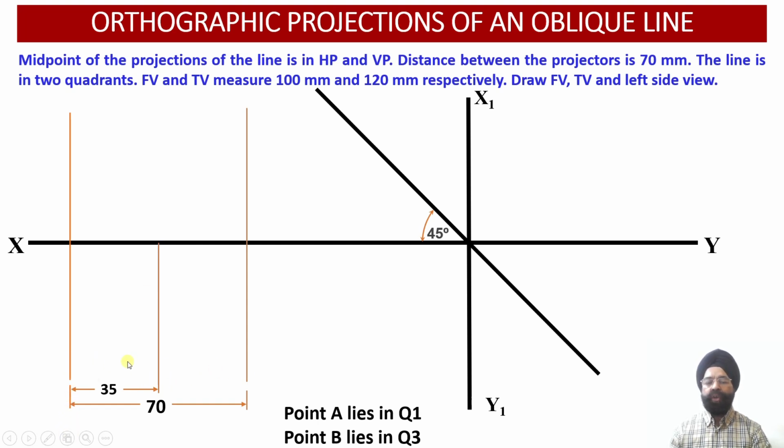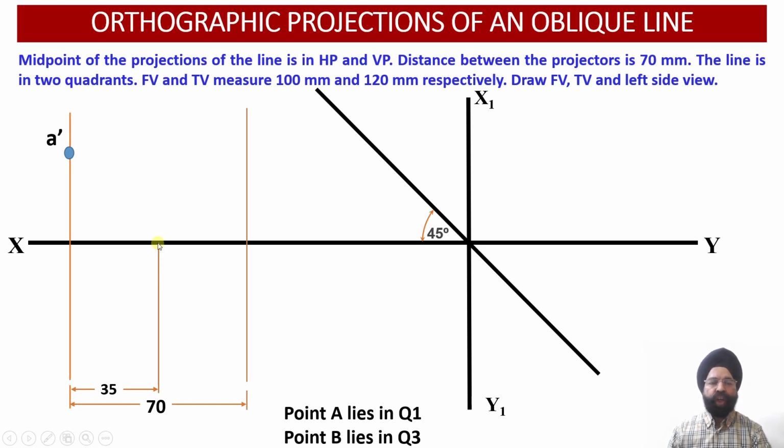The total distance happens to be how much? It happens to be 70 millimeter between the two end projectors. So the distance from either end to the midpoint will be half of that, that is 35 millimeter. Therefore, this point on the XY reference line can be referred to as M dash or M.